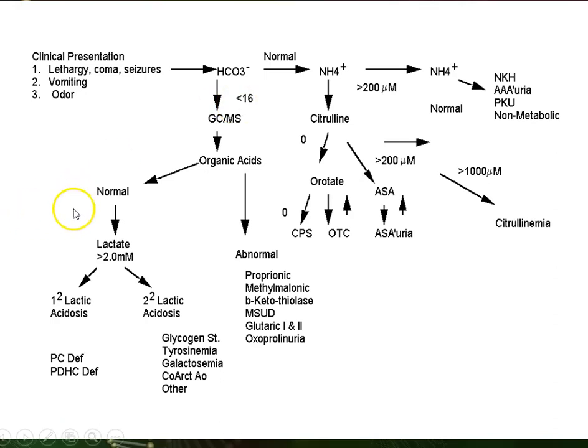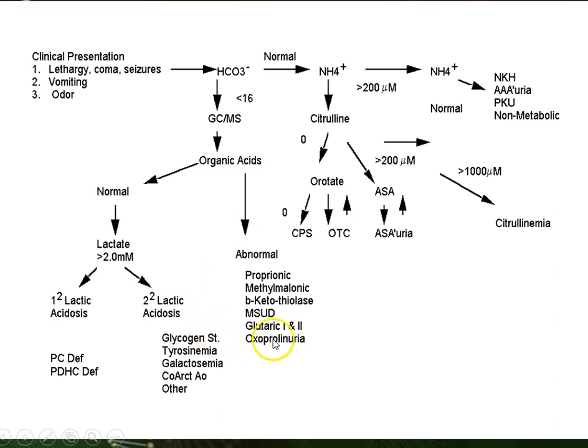Is it coming from lactic acid, as in the case of primary lactic acidosis, pyruvate carboxylase and pyruvate dehydrogenase, which are mitochondrial disorders? Or is it secondary lactic acidosis, which could include glycogen storage disease, tyrosinemia, galactosemia, even coarctation of the aorta? This is a congenital anomaly that can result in severe lactic acidosis.